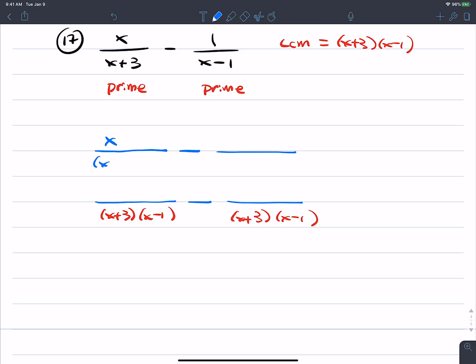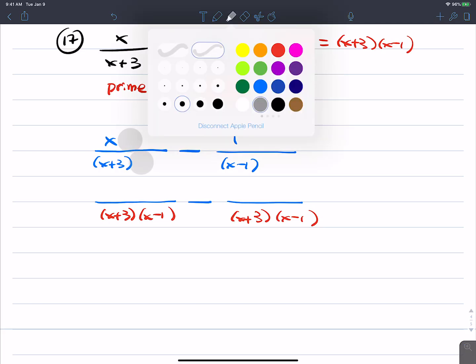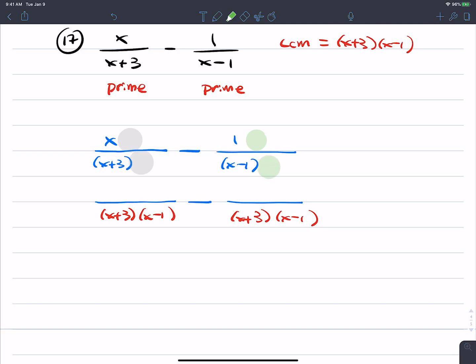X over x plus 3, 1 over x minus 1. We need a term to multiply on top and bottom. We need another term to multiply on top and bottom for our second fraction.